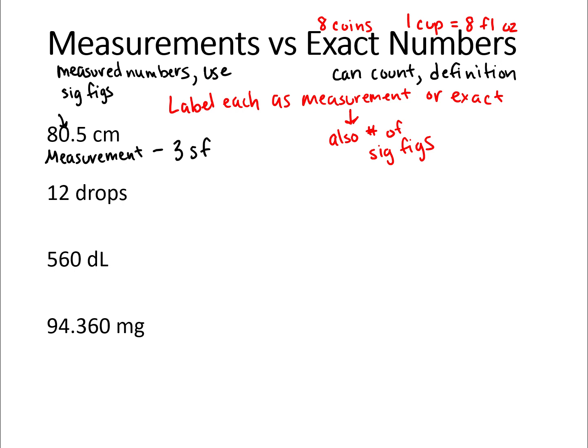Next one, we've got 12 drops. Measurement or exact number? This one is an exact number, so we don't care about significant figures here. Next one, 560 deciliters. Yeah, this one's a measurement. How about them sig figs, though? How many do we have?